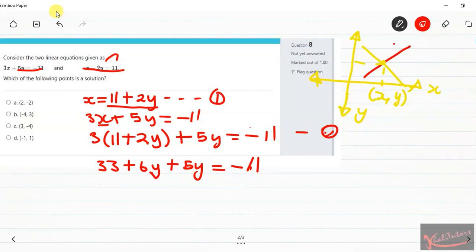Okay, so let's group like terms, with constants on one side and terms with the variable y on the other side.